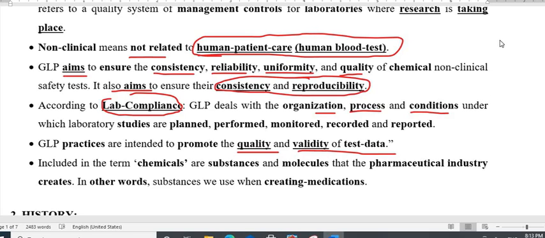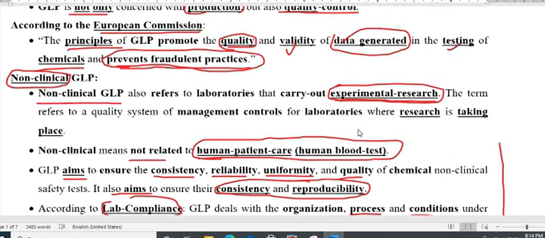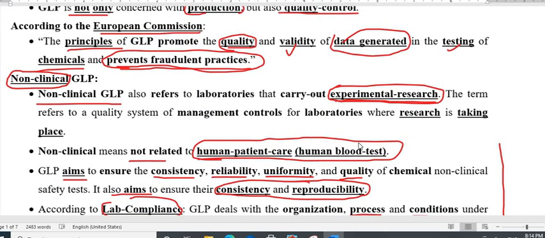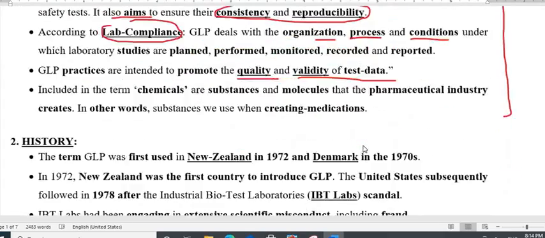So these all come under non-clinical GLP. That means whatever work you are performing as research work in a laboratory should be validated and reproducible, and that is called non-clinical GLP, and the research work, other than human patient care work, performed in the lab is called non-clinical GLP.